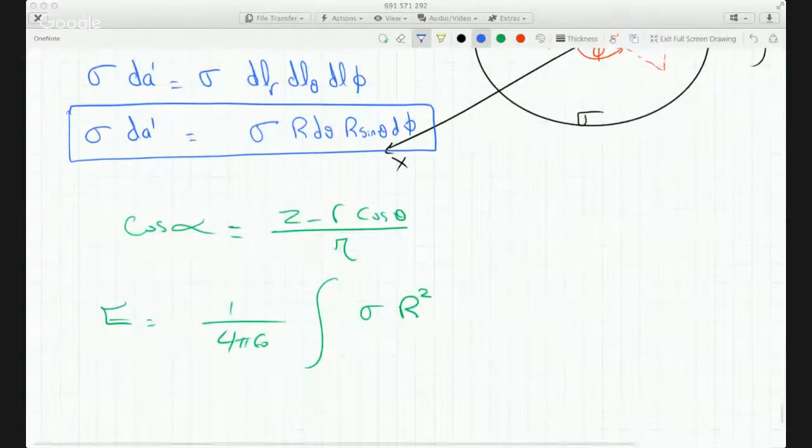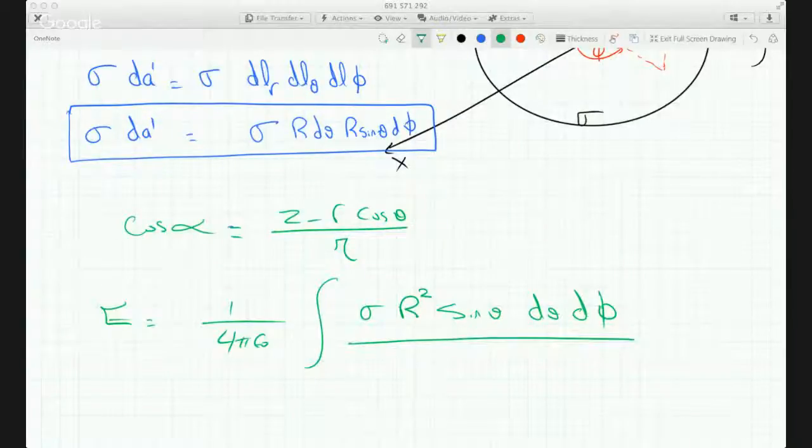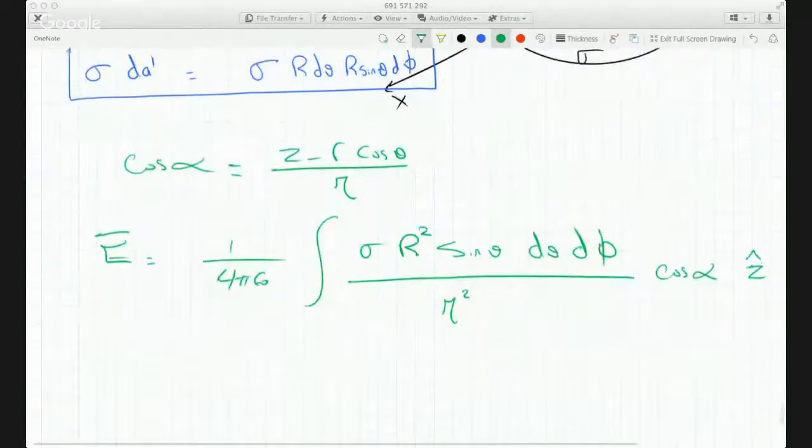So then sigma r squared sine theta d theta d phi over the separation vector squared, times cosine alpha to pick up the z component, and that's all in the z direction. So this is my electric field.